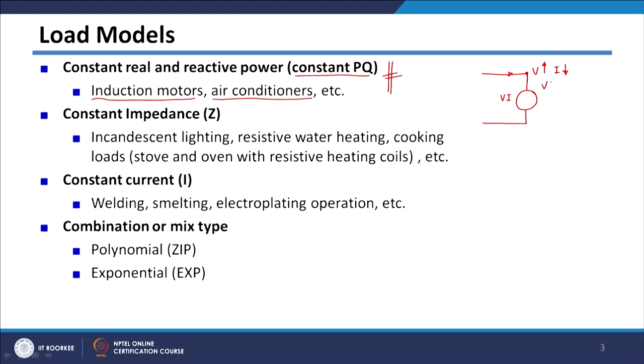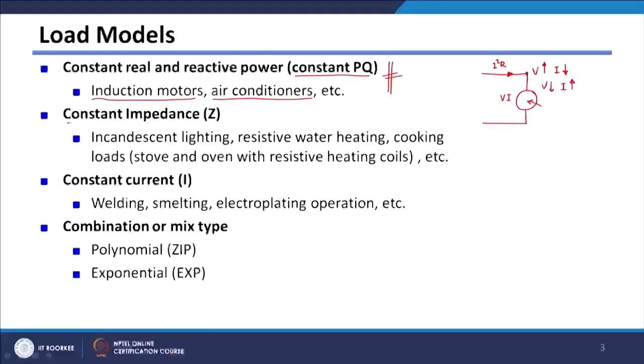Similarly, when voltage decreases, it will try to take more current from the system. So, more current will flow through the network and it will create more I square R losses. Also inside the motor there will be higher I square R losses. So, this is how your constant PQ load will behave.